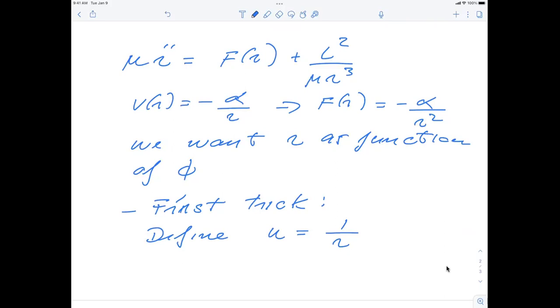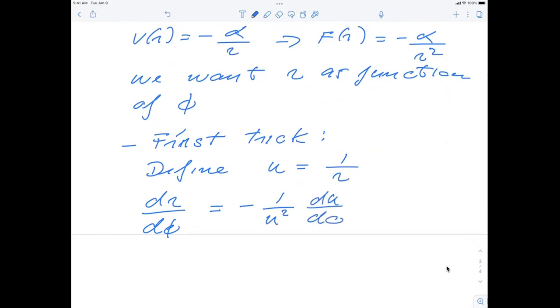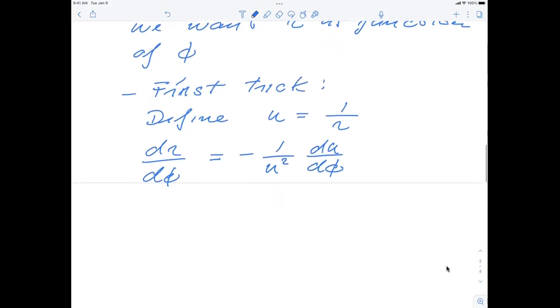So this means that when we now calculate dR as a function of d phi, using the standard derivation rules, this is going to be equal to minus 1 over u squared times du of d phi. I hope that sounds okay. These are just some basic definitions which we need when we find the analytical solution here.